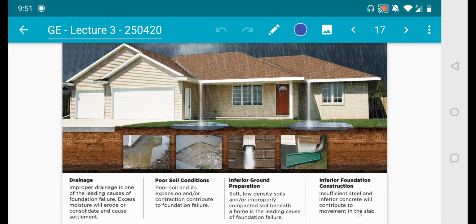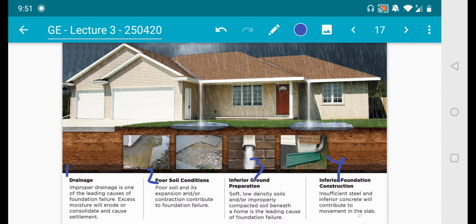Now, if you look at the overall damage that could happen in a house, if you don't take care of these 4 items here, you're likely to promote more damage in your structure. For example, the first one is drainage. Improper drainage is one of the leading causes of foundation failure.